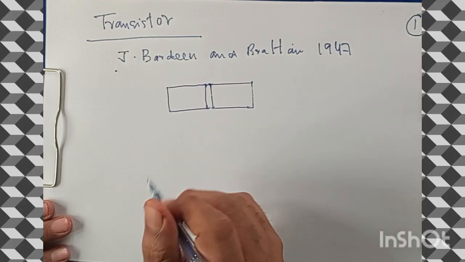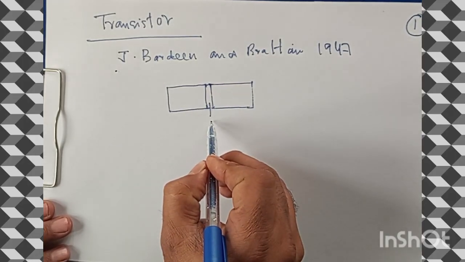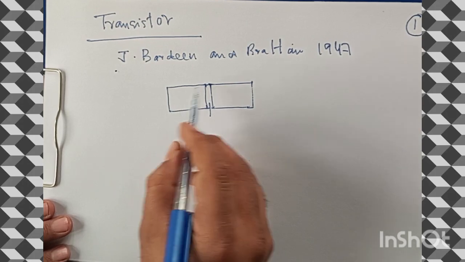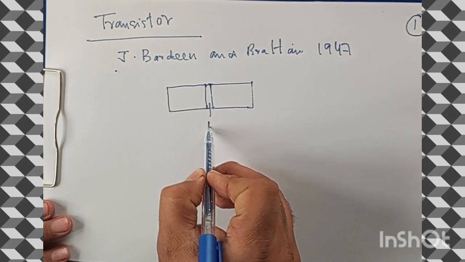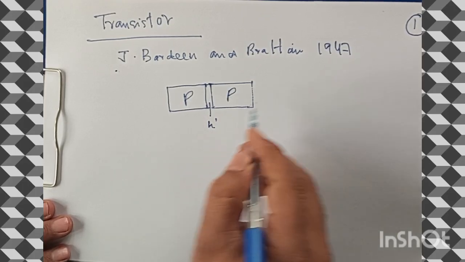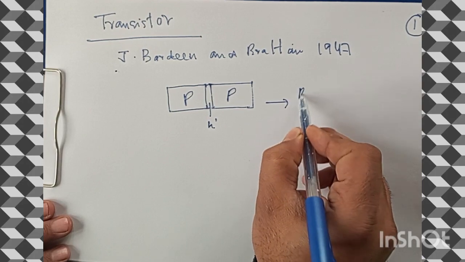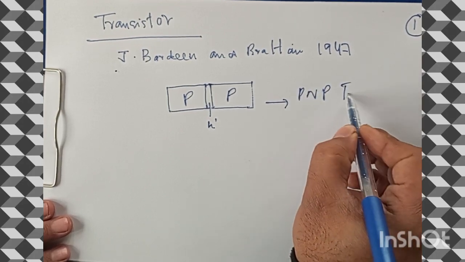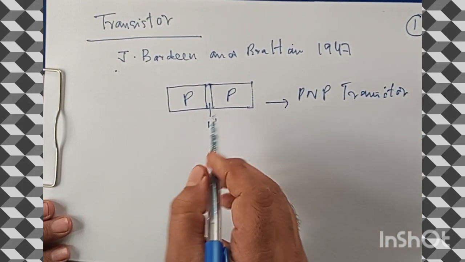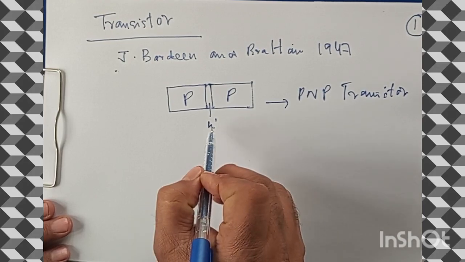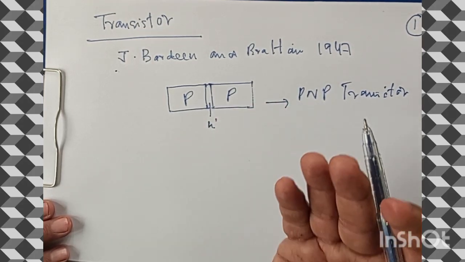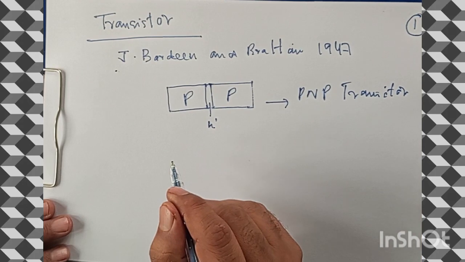Suppose this thin layer is an N-type layer, then the outer layers have to be P-type, and we call this a PNP transistor. So in a PNP transistor, we have a thin layer of one type of semiconductor sandwiched by two semiconductors of the opposite type.